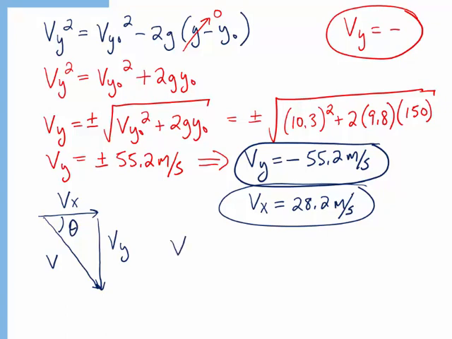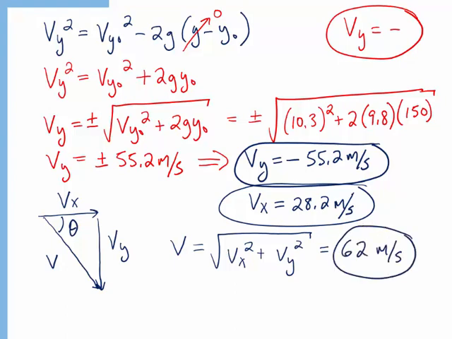To find the magnitude, we just use the Pythagorean theorem. Vx squared plus Vy squared under the square root. And I'll let you just check my answer to make sure that you agree. I got 62 meters per second for my final answer. So that's the magnitude. We know that the angle can be found by using the inverse tangent.